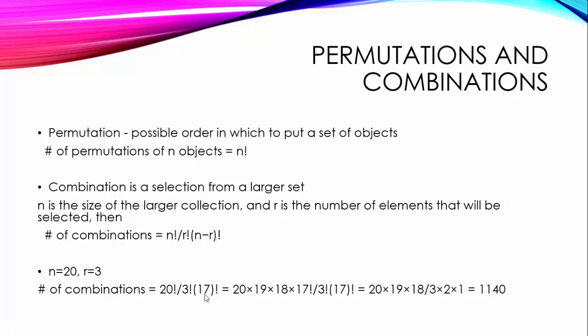To simplify this, consider that 20 factorial will be equal to 20 into 19 into 18 into 17 into the product of all the numbers less than 17, which is written as 17 factorial. The neat little trick allows us to enormously simplify the combinations formula.